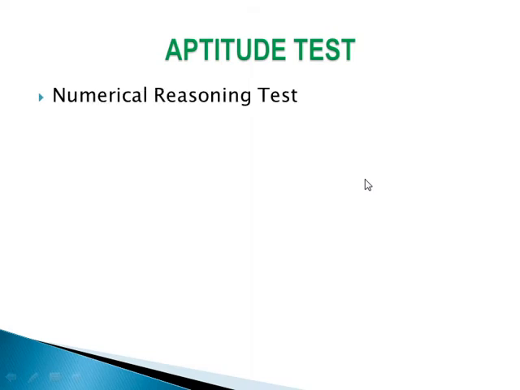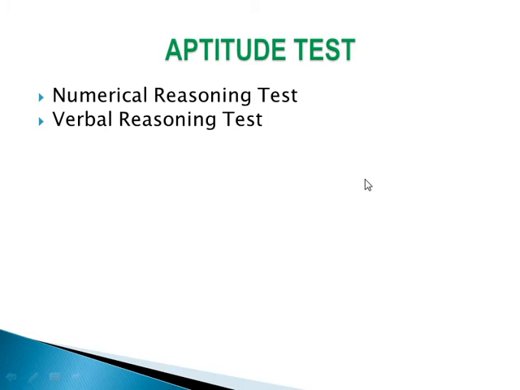First test is numerical reasoning. This test measures the candidate's ability to make correct decisions from numerical data. It provides information about the candidate's numerical aptitude. Another test is the verbal reasoning test.